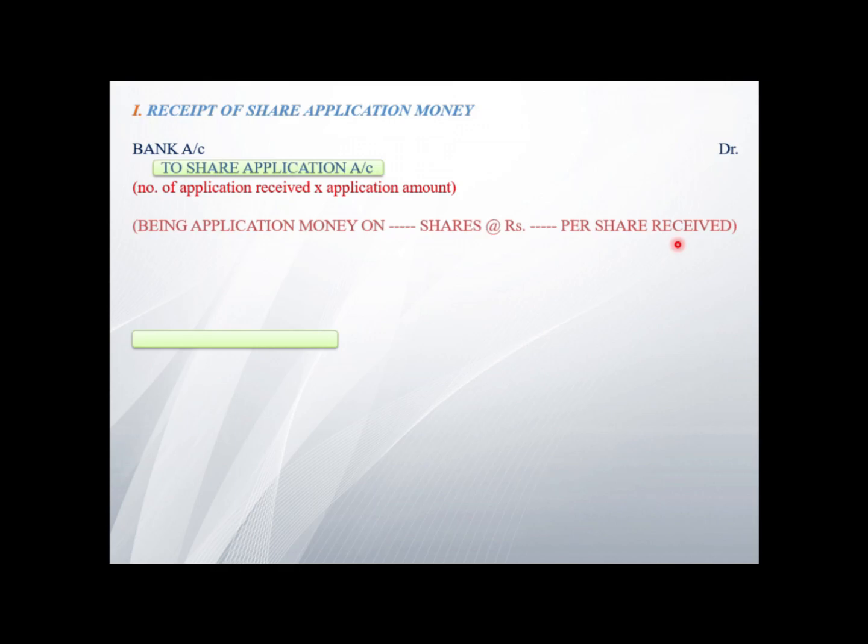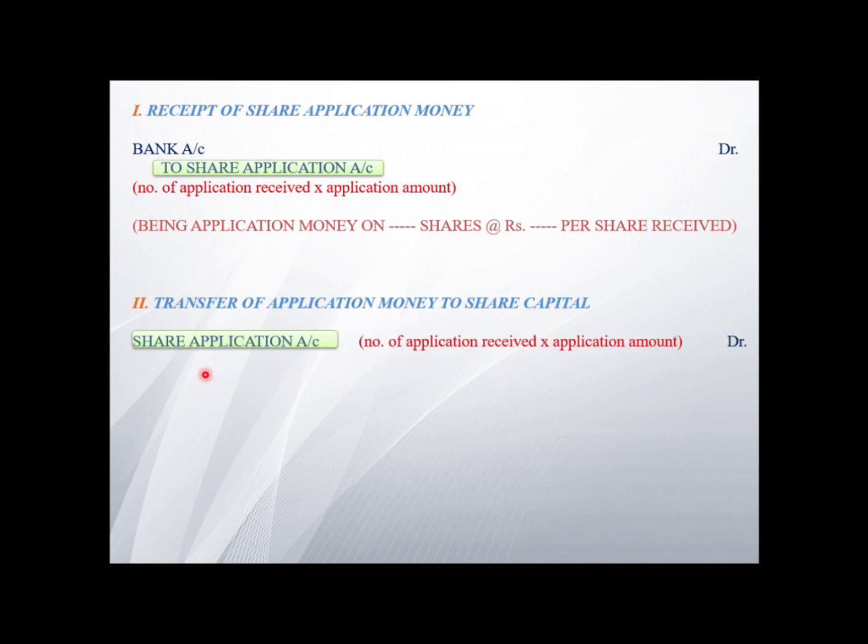Share application money is transferred to share capital. So our next transaction is transfer of application money to share capital. Entries. Share application account debit. Here, share application account is debited. If you can see in our first entry, share application account is credited.